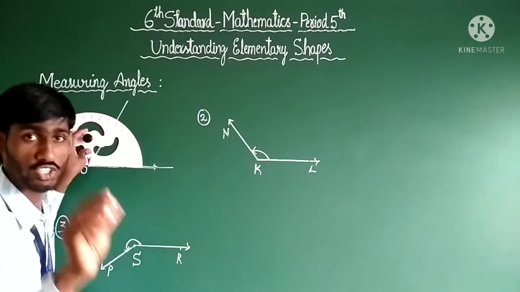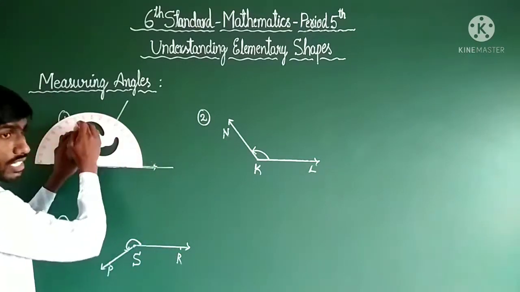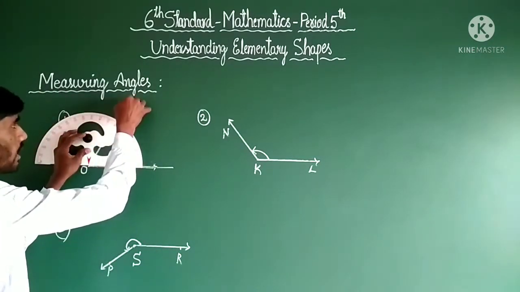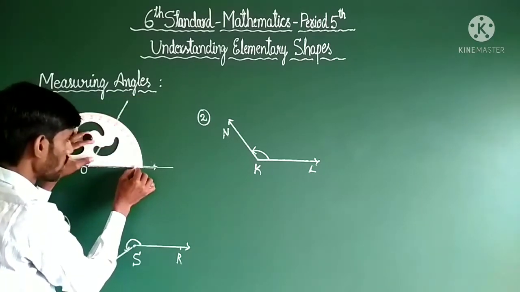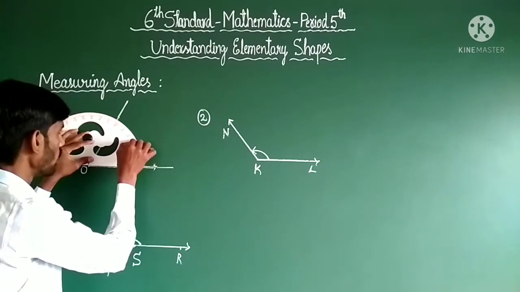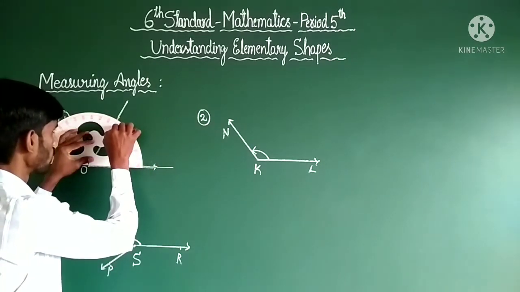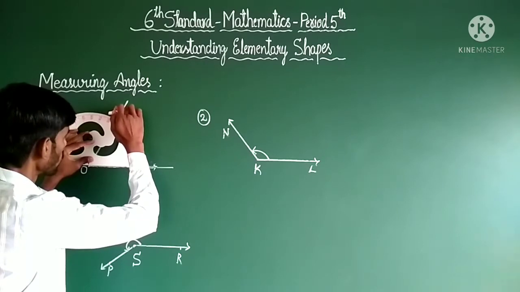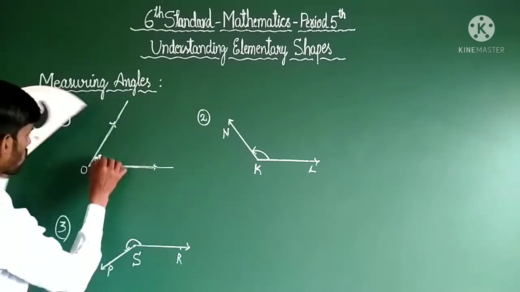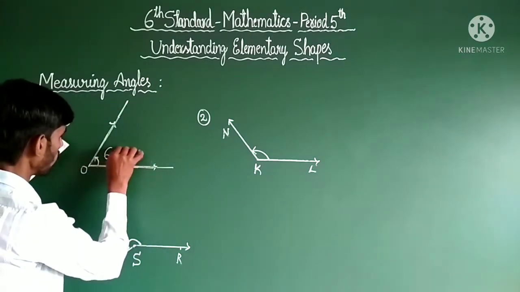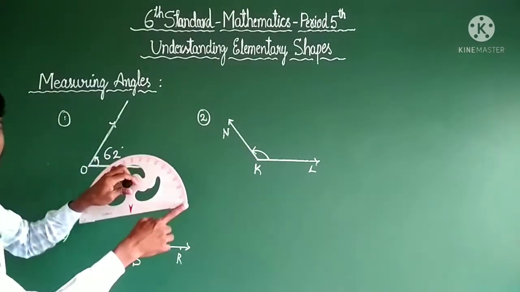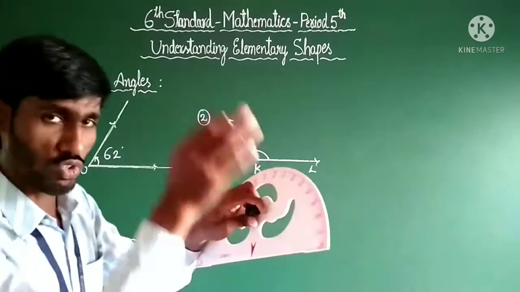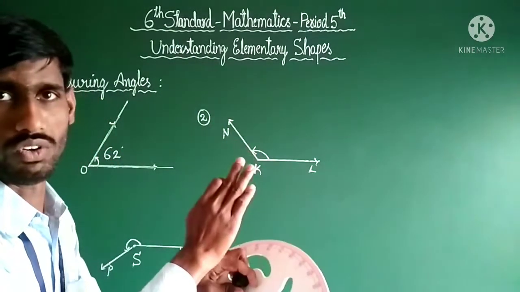Dear children, you start from the right side because here is a line, another line. You start from 0, 10, 20, 30, 40, 50, 60, 61, 62. So the measurement of the angle is 62 degree. Here is 180 degree. No need to start from 180 degree. You start from 0.